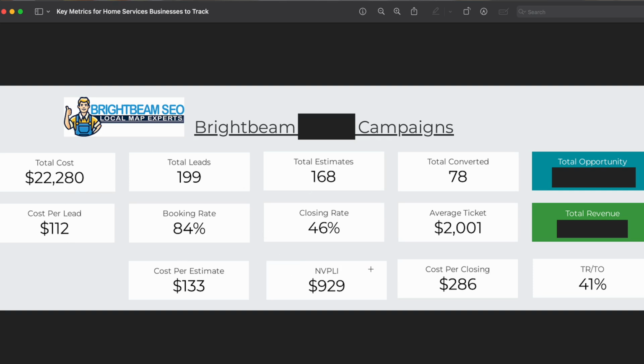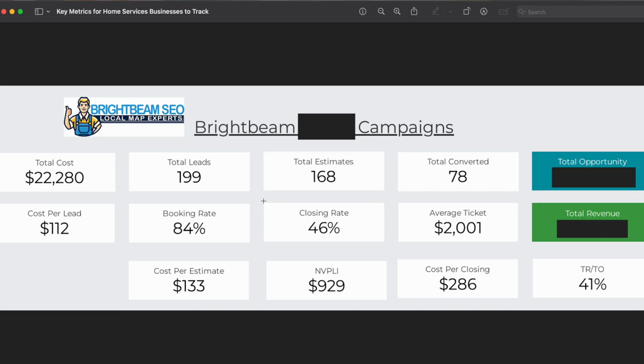Right now, this one has different names, but it's basically our revenue per estimate. So we take our total revenue and divide that by the total number of estimates, which gives us an idea of every time a salesperson goes out to a house, how much we're getting in revenue from each of those visits.